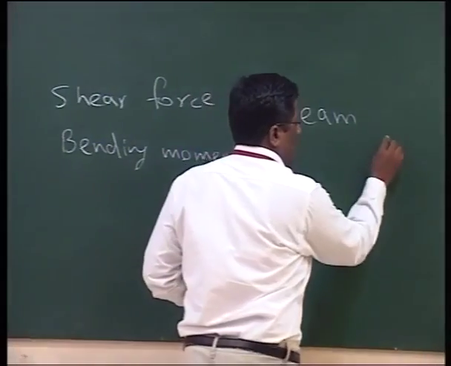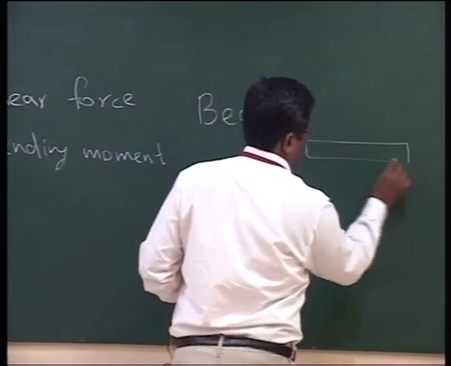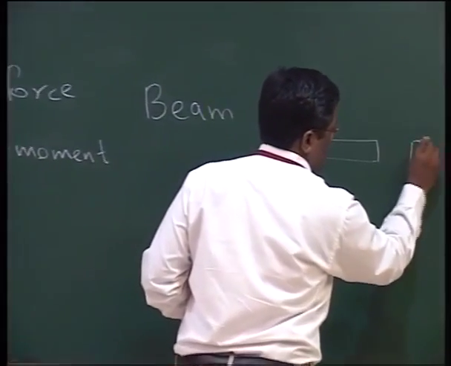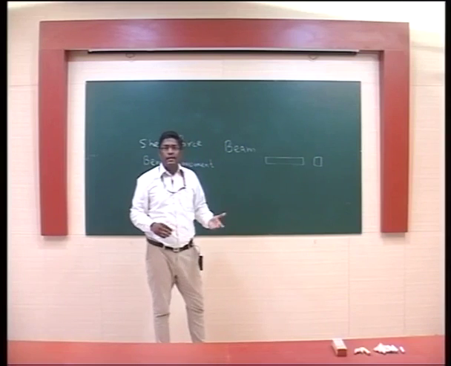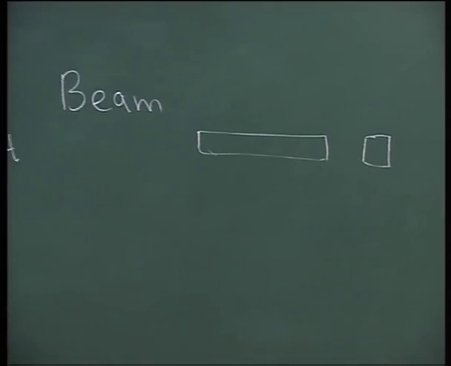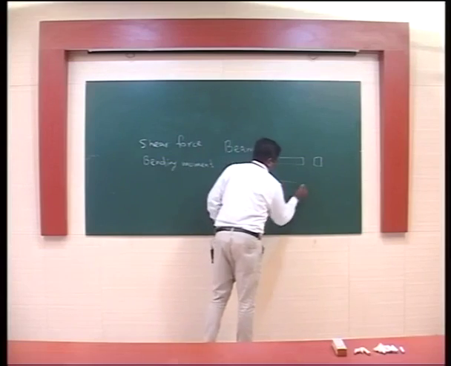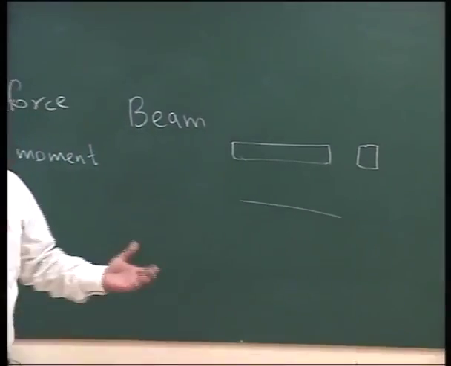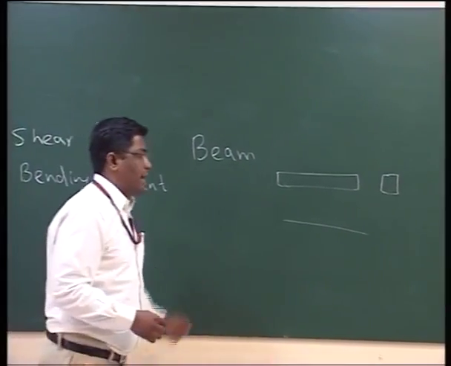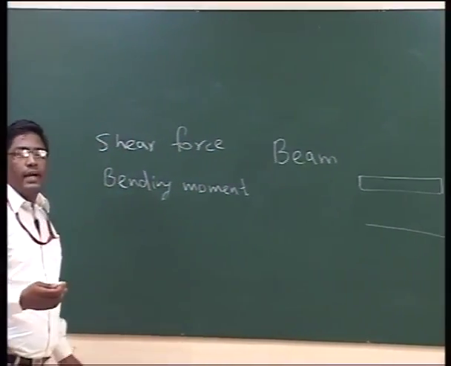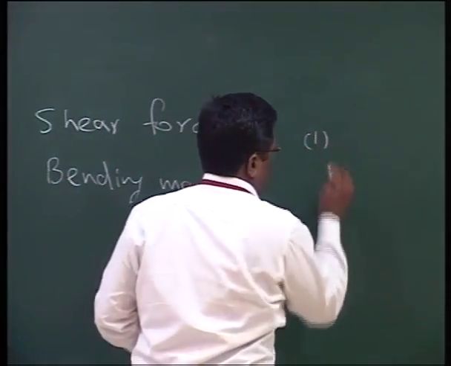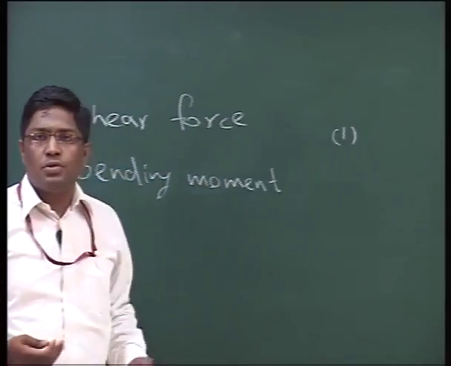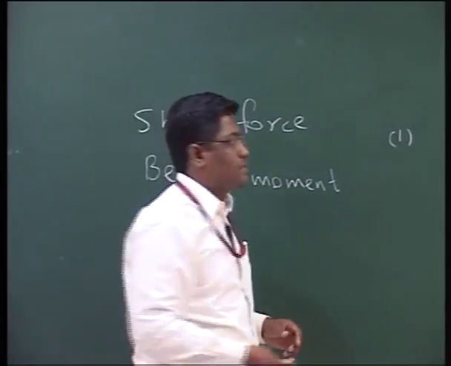We can draw the beam like this, which is having a cross section, this. But in the analysis or whenever we solve the numericals, then we draw the beam like this with the end conditions. Now, what are the end conditions? There are three end conditions, or you can say there are three types of supports which a beam is always subjected to.